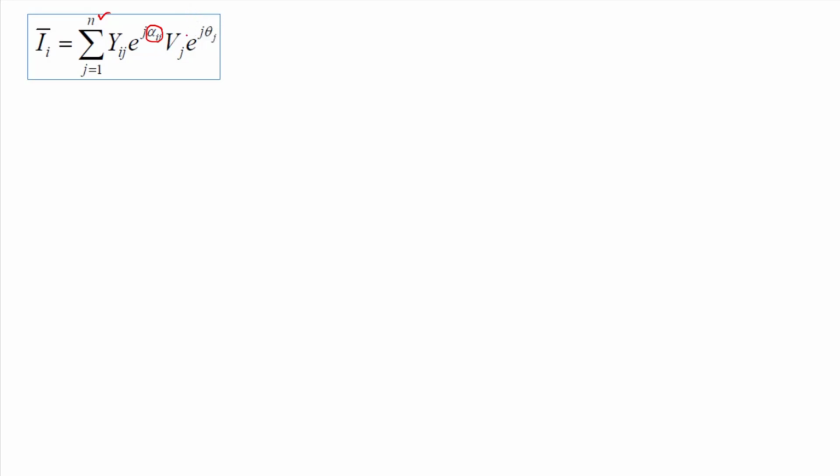Then the angle of the Y bus matrix element is alpha ij, because Y bus elements are generally represented by i and j. So this is the ijth element of the Y bus matrix, Yij, and it is a complex quantity. It has a magnitude and an angle. The magnitude is represented by Yij and the angle as alpha ij. I hope it is clear.